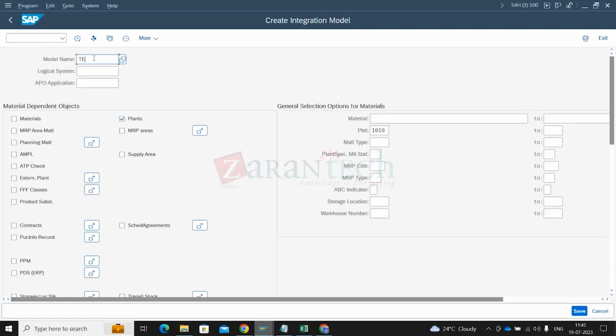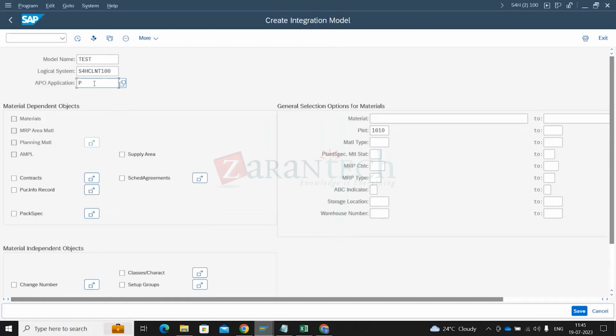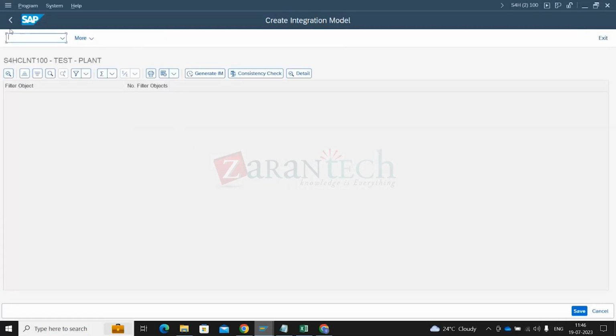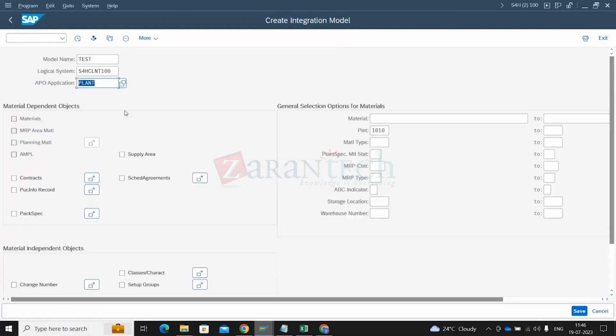Let me try to generate because I have never tested whether generation is still a problem, because we don't need it anymore now. Hey, see, the plant part is gone. Nothing is coming in. The moment I selected the material, the logical system, the plant part is gone completely.